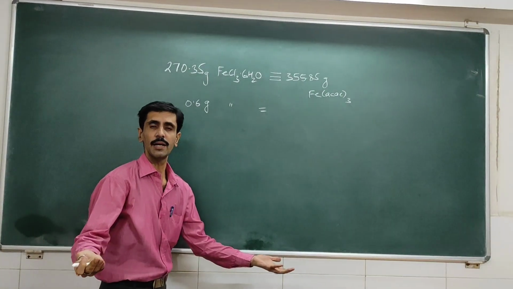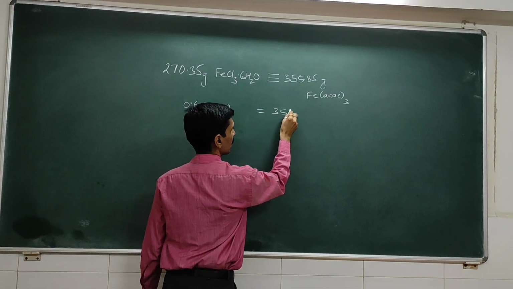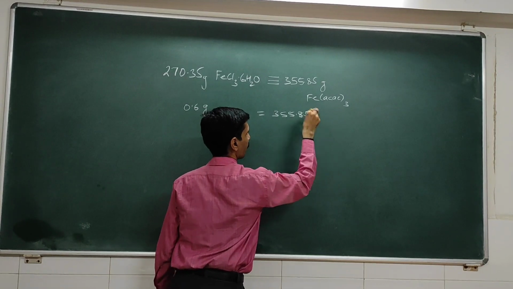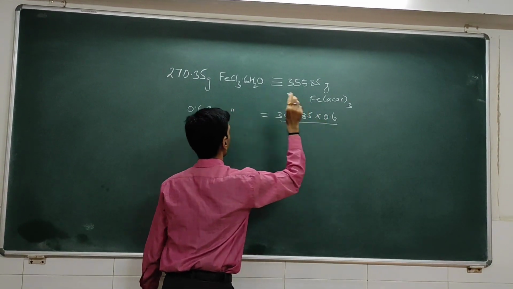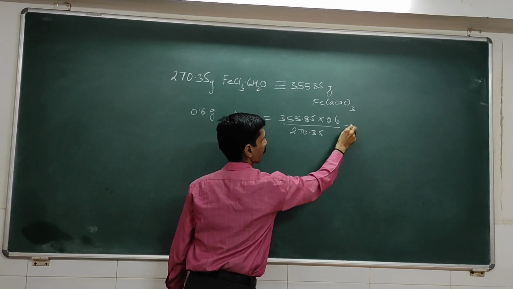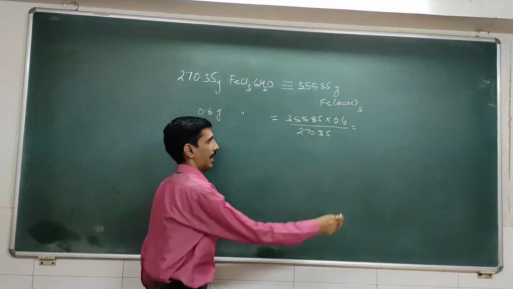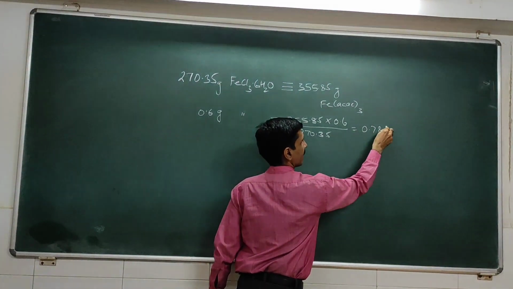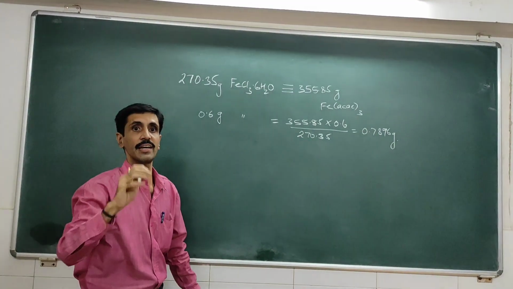So, simple, it's cross multiplication. So, cross multiplication gives you 355.85 into 0.6 divided by 270.35. Okay, so once you calculate this, you are going to get 0.7896.